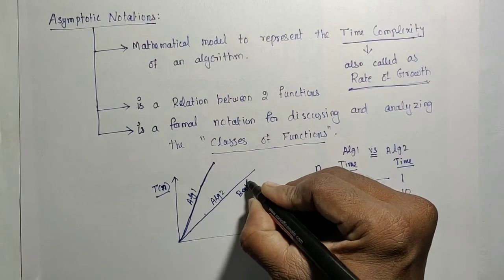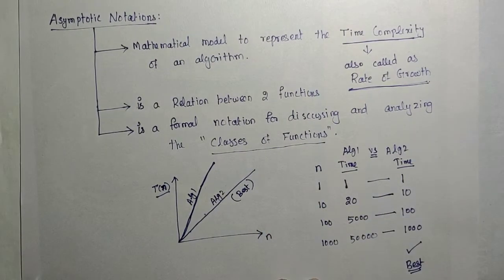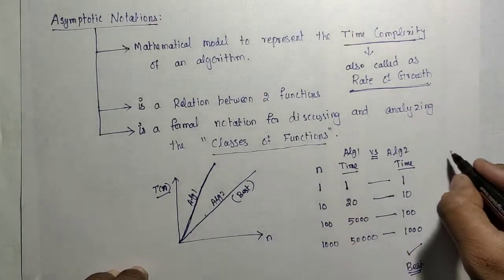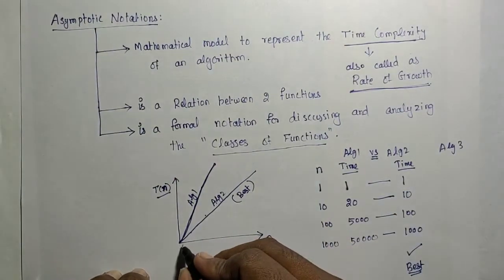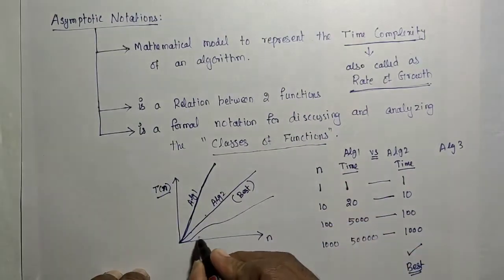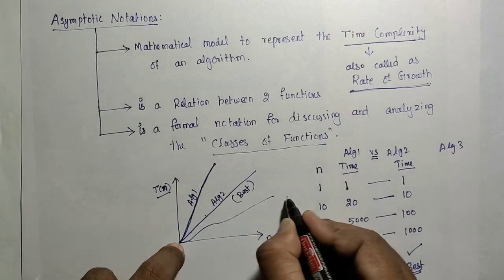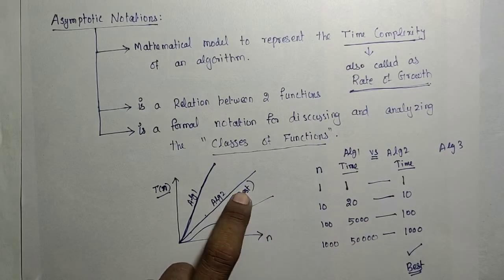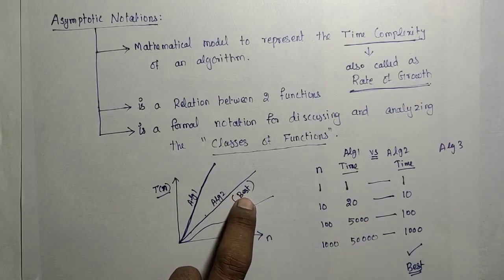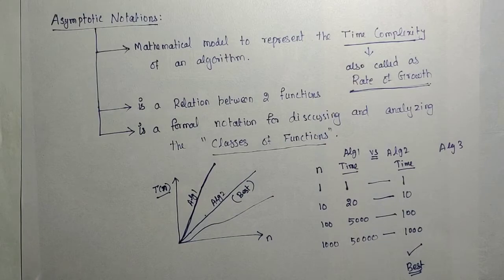Like that we can choose. Say there is some algorithm 3 whose execution rate of growth is like this. If you are increasing n, there is not much change in T of n, then this may be better than algorithm 3. Like that we can say it.